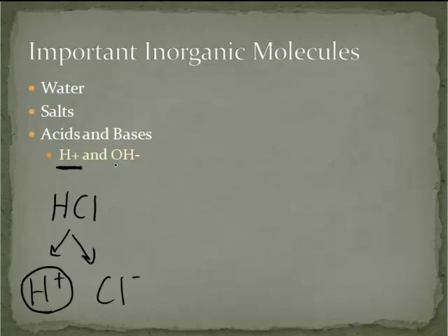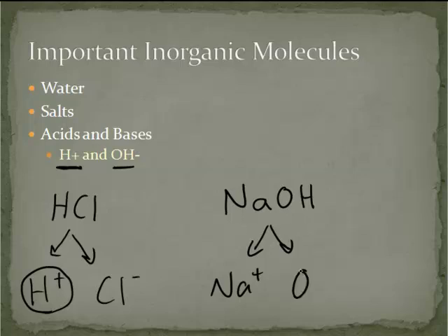Bases are substances that will dissociate to form OH negative. An example, we have something called sodium hydroxide. Sodium hydroxide will dissociate in water to form Na positive and OH negative, and this becomes a basic solution. Notice something here.